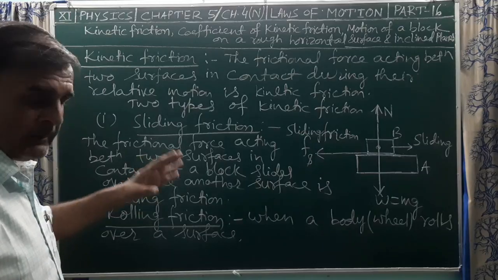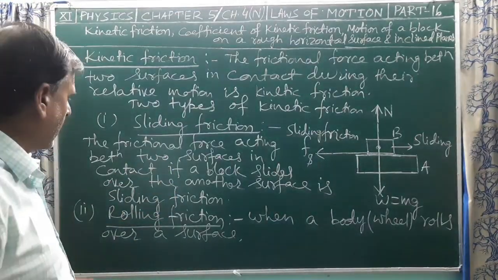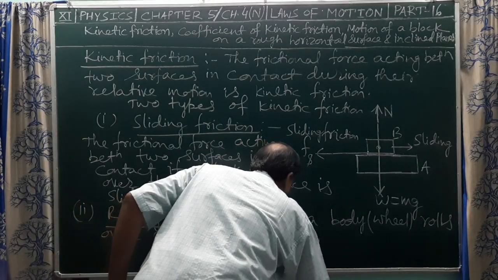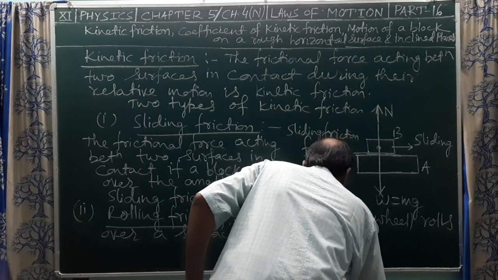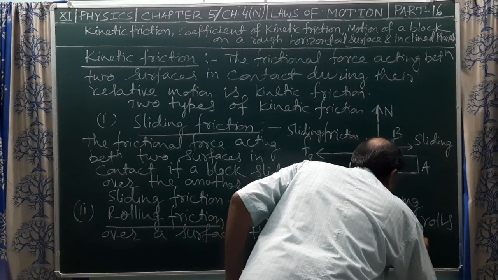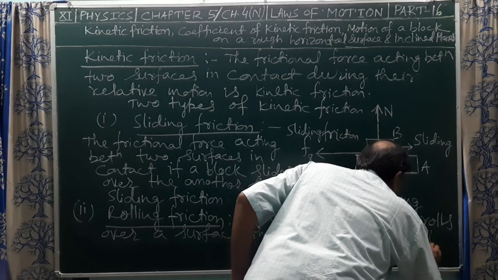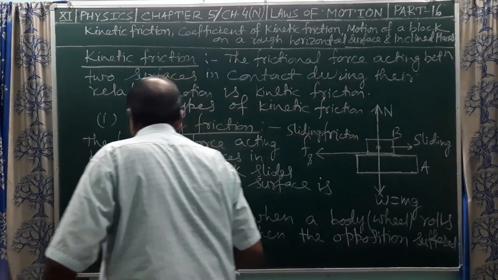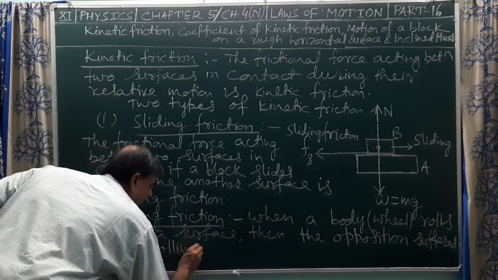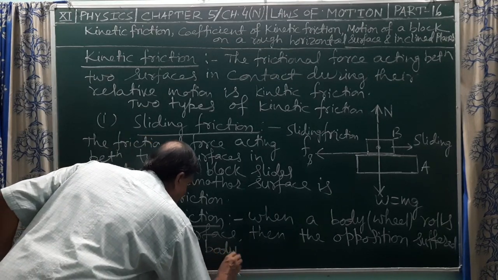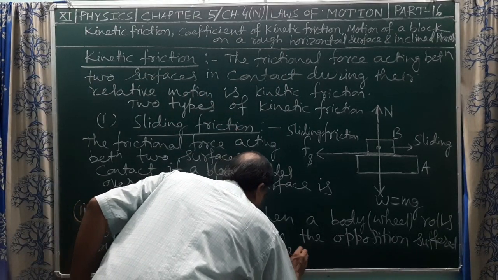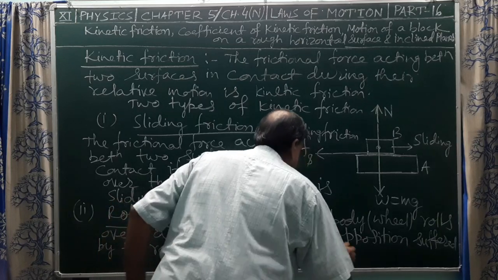So when a wheel rolls over a surface, the opposition, that is the resistive force suffered by the rolling body from the surface, is called rolling friction.